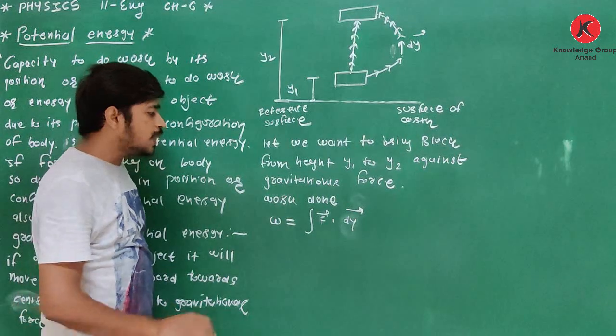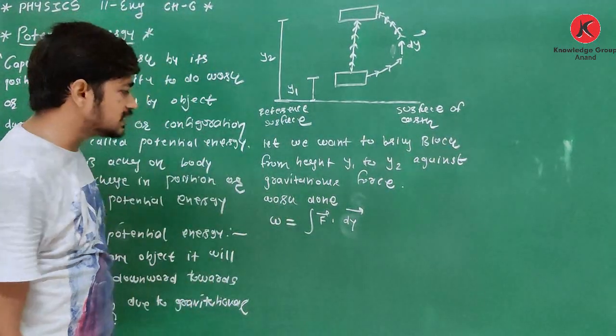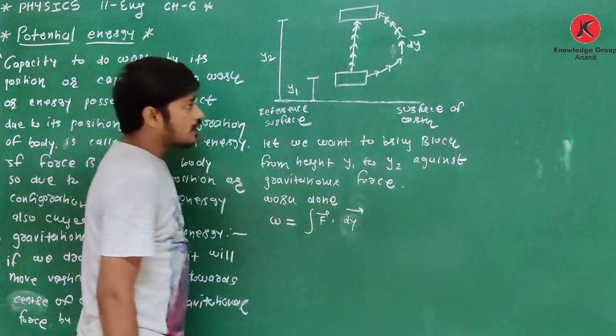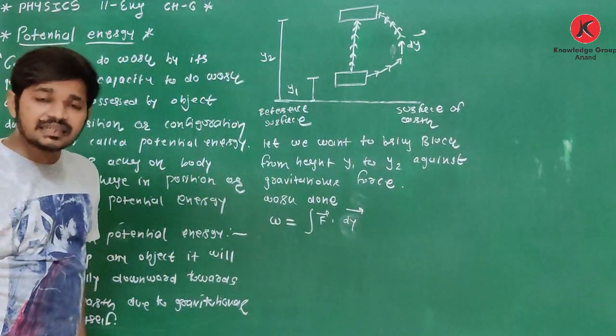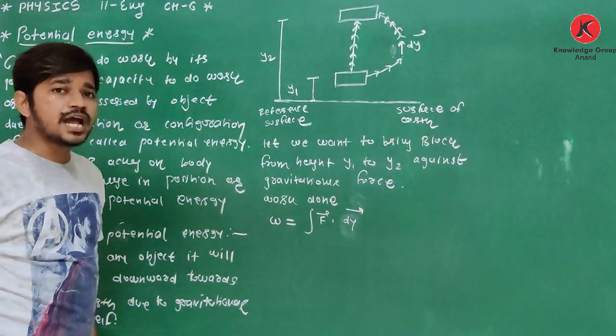Clear about this? Now F. Which force is acting on this block? Yes, on this block the force acting is the gravitational force, that is weight, that is mg in the vertically downward direction.